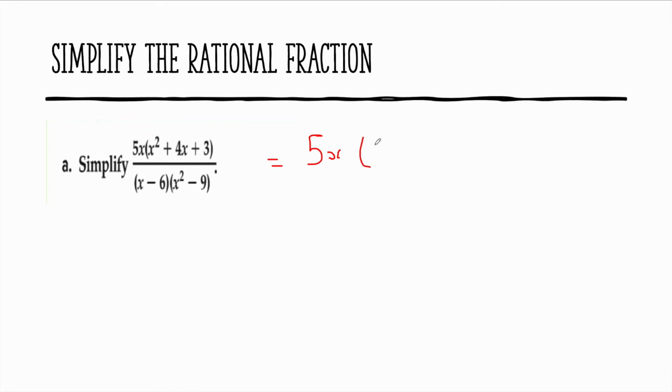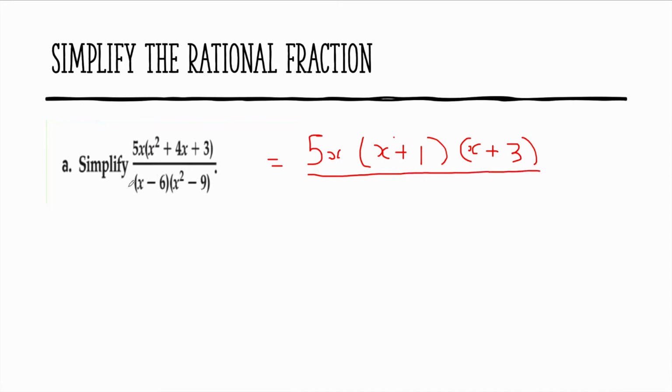If you are using a Casio, you can simply press mode 5, then press 3, then put in your equation, and you can get your factors. So you put 1, 4, and 3, and it will factorize it for you. Our factors will be 3 and 1, plus and plus. If you want me to show you how to factorize, please let me know in the comments, and I'll make a video on how to factorize polynomials.